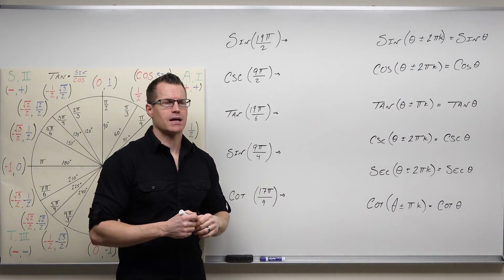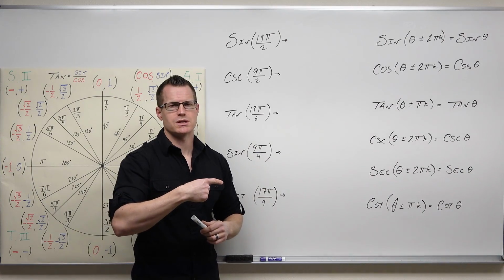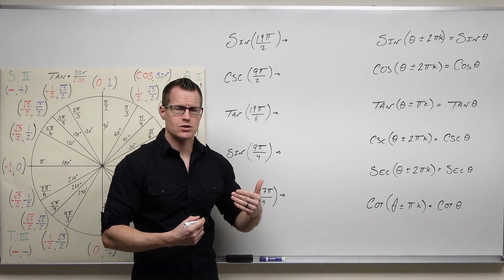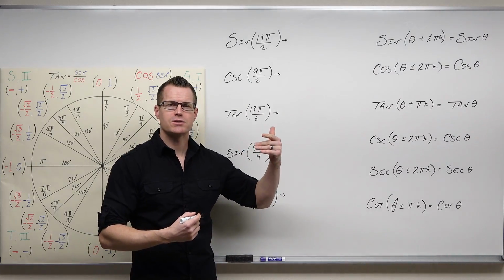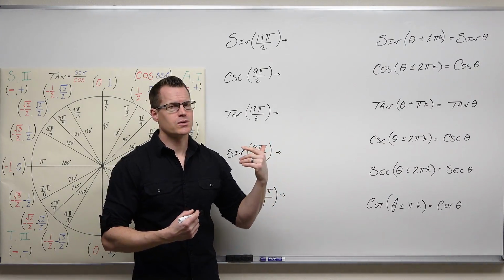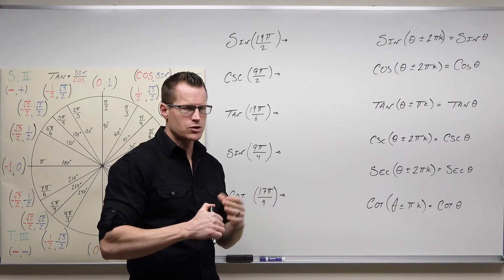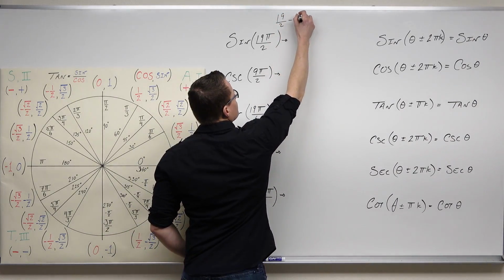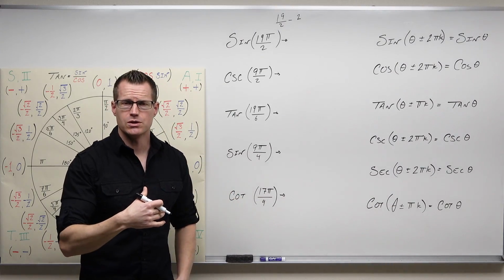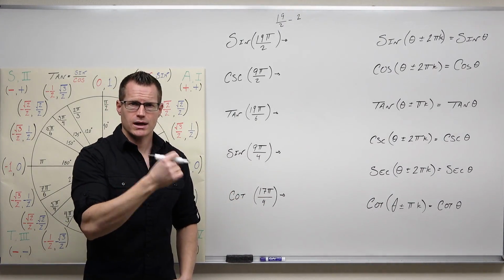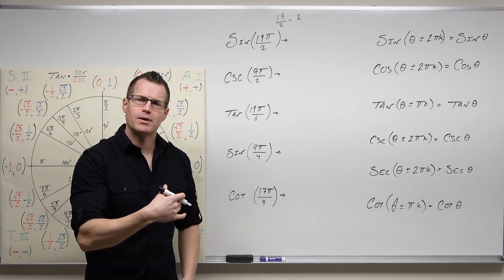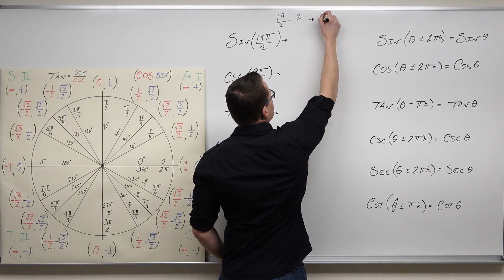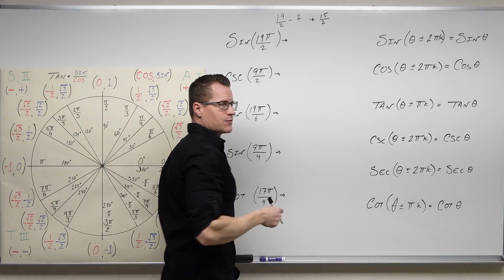19 pi over 2, that's a lot, and I would have to count a lot of revolutions if I wanted to figure that out. But if I start taking 19 pi over 2 and subtracting 2 pi, you can really do it this way if you understand that we're in terms of pi here. Just take 19 over 2, that's 19 pi over 2, and subtract 2, or 2 pi, and just keep on doing it. So subtracting 2, that's 15 halves.